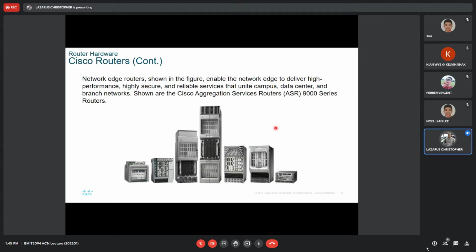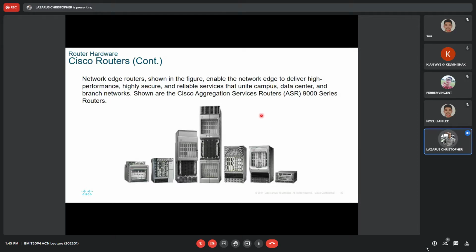These are called edge routers, right? So it has to be highly secure to protect your internal networks. It has to be reliable. It has to be very high performance, because it is the single point where all traffic congregates, whether going out from your network or coming in from outside.